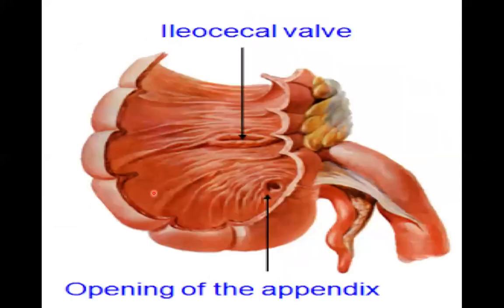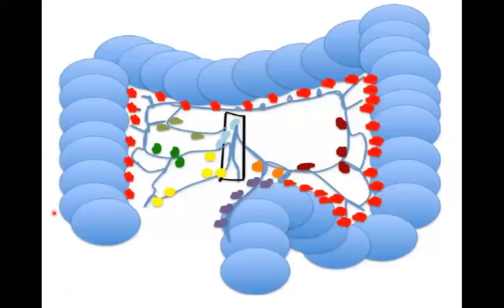Either they are at the beginning, which we call epicolic, or you will find them on the sides, which we call paracolic. These red ones are the paracolic set of lymph nodes, and in front of them the epicolic. Then you have those that follow the blood vessels, which we call intermediate lymph nodes, and those that reach the main vessels, around the superior mesenteric and inferior mesenteric, which we call the terminal lymph nodes.